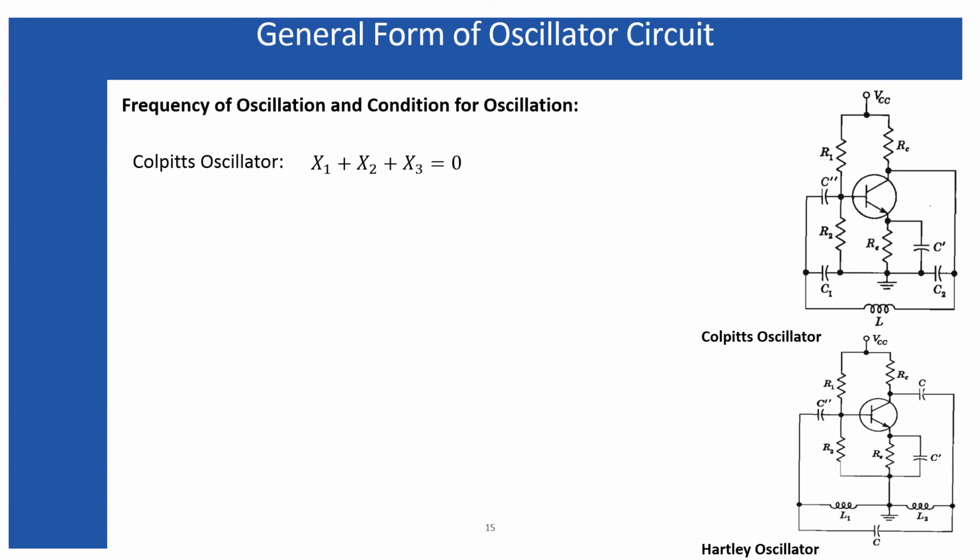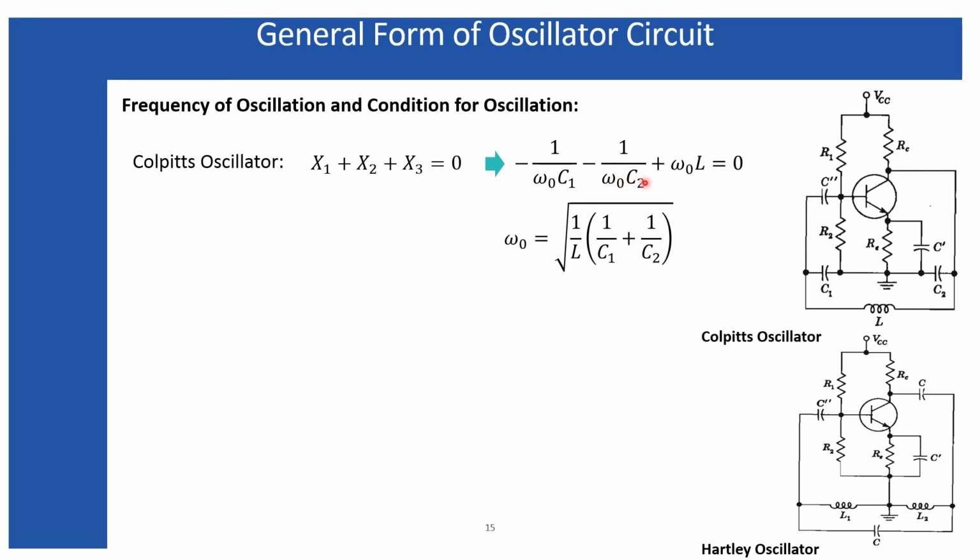That means by making the imaginary part equal to 0, and after replacing X1, X2 and X3 with their corresponding elements, that means for the Colpitts oscillator, X1 and X2 will be the capacitors and X3 will be an inductor. So after replacing all these things, we can easily find out the frequency of oscillation is this one.